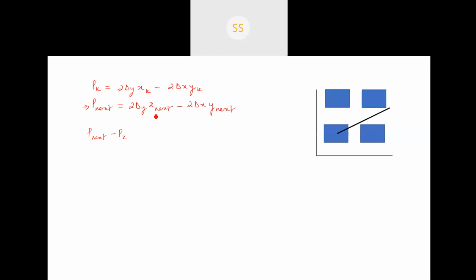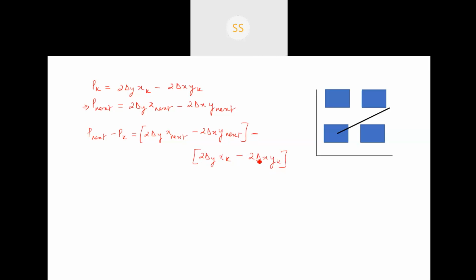So when I write this, I can just substitute the p next value as 2 times delta y of x next minus 2 times delta x of y next. Okay, that was my p next. I'm going to subtract from it the pk value, that is 2 times delta y of xk minus 2 times delta x of yk.